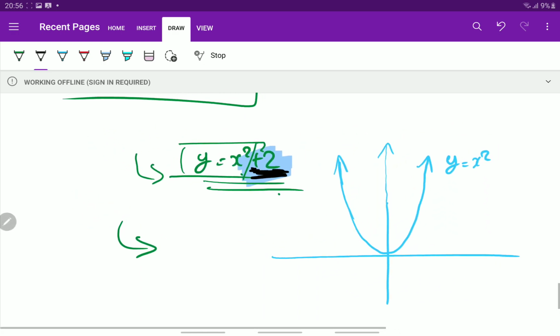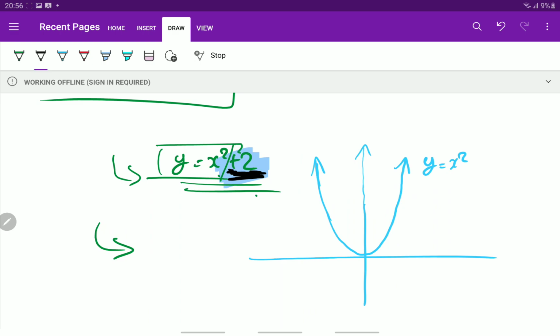So see how the origin of this graph, or the vertex, lies at 0, 0. It's pushing it 2 units, 1, 2. So now this plus 2 is basically pushing the graph, everything, by 2 units. So the new graph will look something like this.